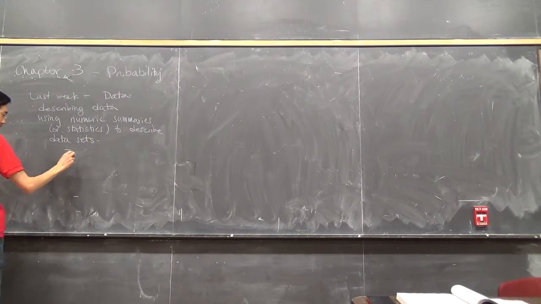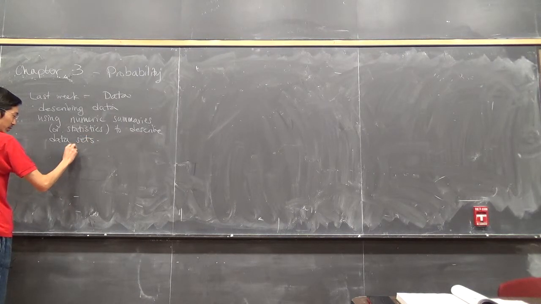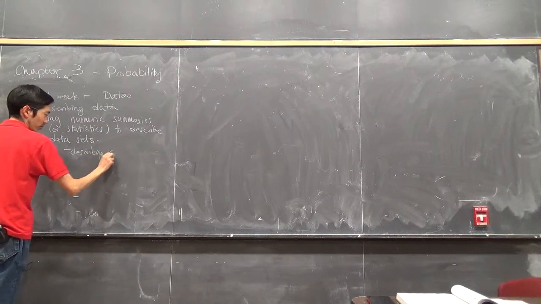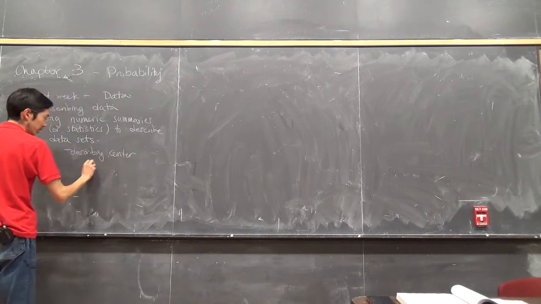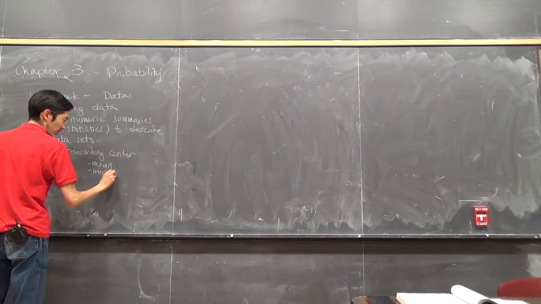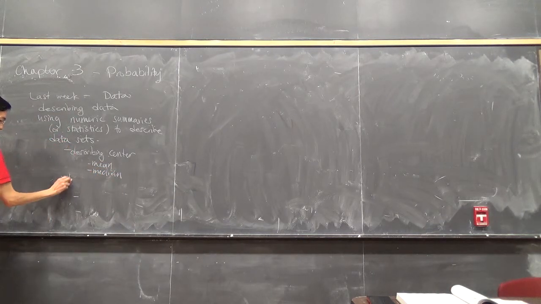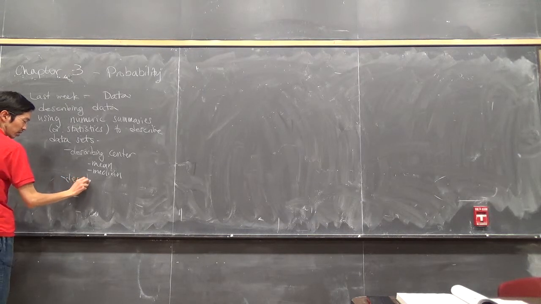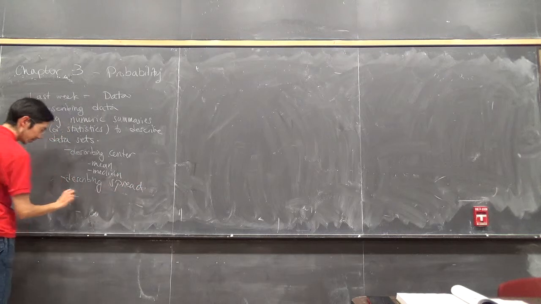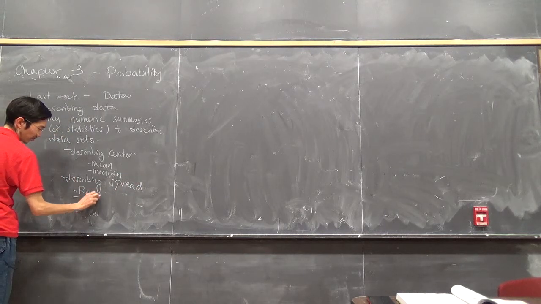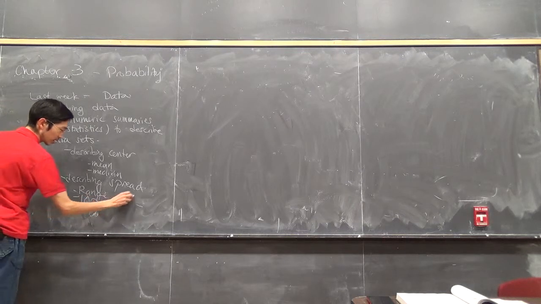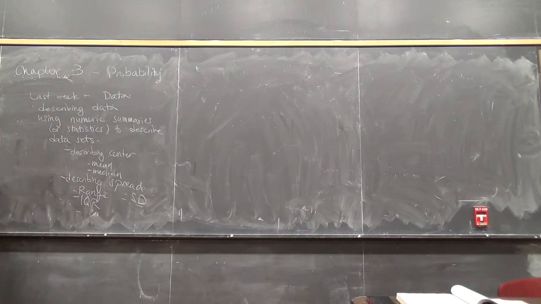So that includes things like describing the center with the mean and the median, and describing spread or dispersion with the range, IQR, and standard deviation.